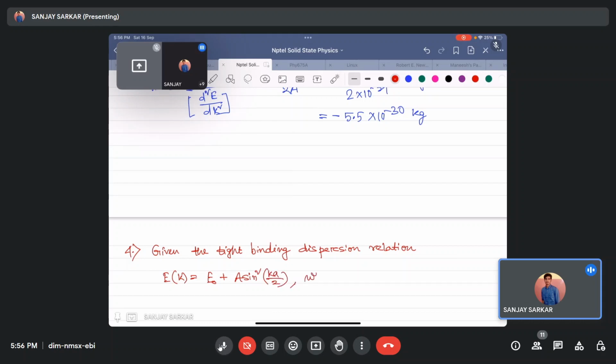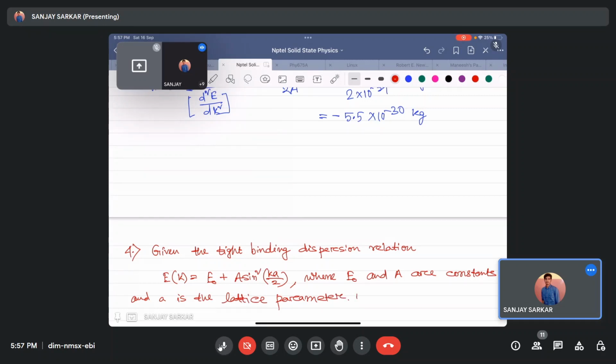where E0 and a are constants and a is the lattice parameter.